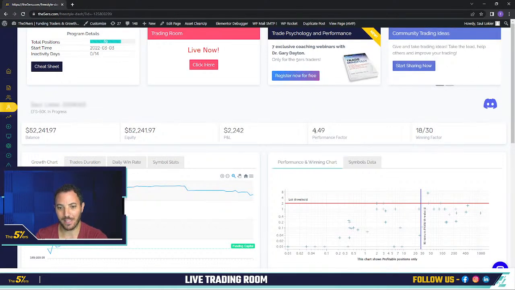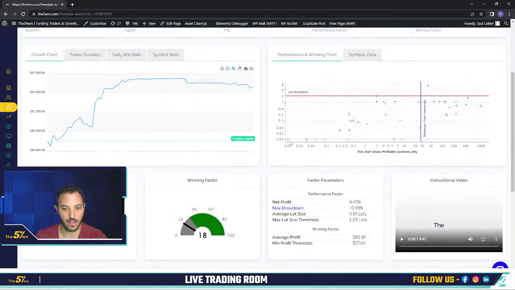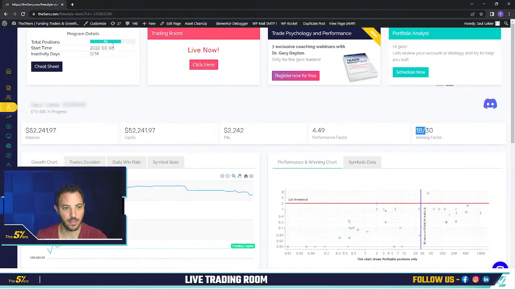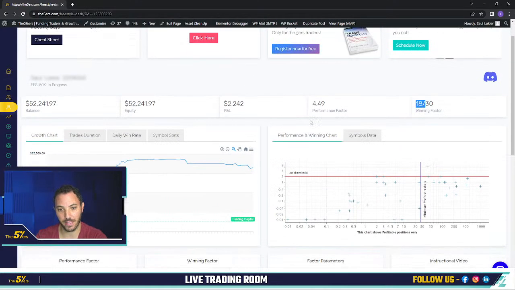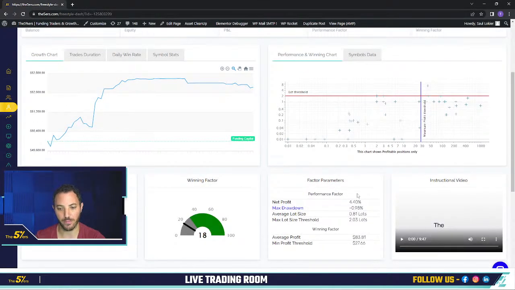So this has dropped a little bit, but it's still very high. I'm happy with it. This has gone up. I was at 14, now it's 18. I have 12 to go, and I have more than 30 trades still that I can play. So I'm confident. I don't see any reason why this would go down, and I just have to make 12 more consistent trades, and that would be enough to pass the program.